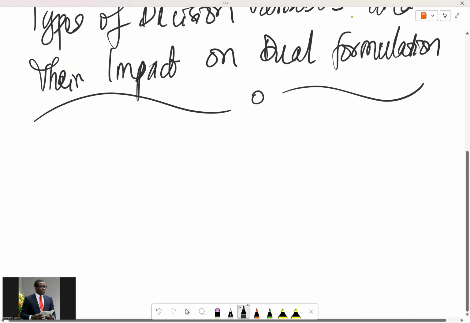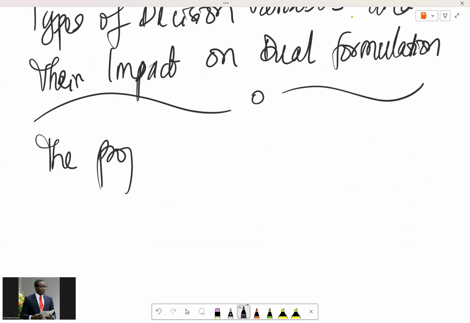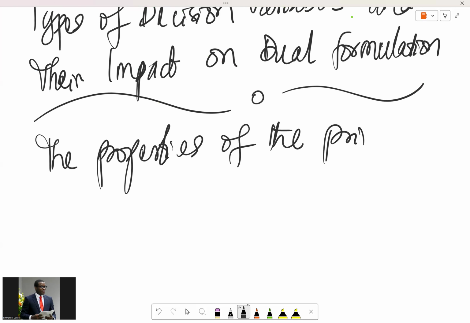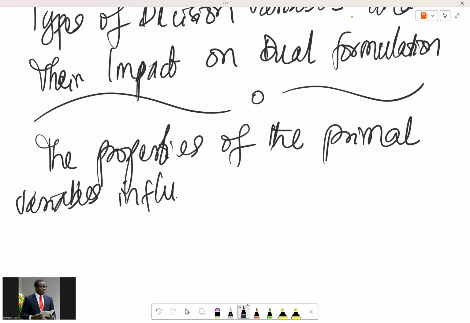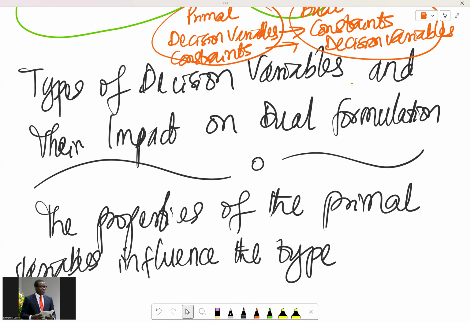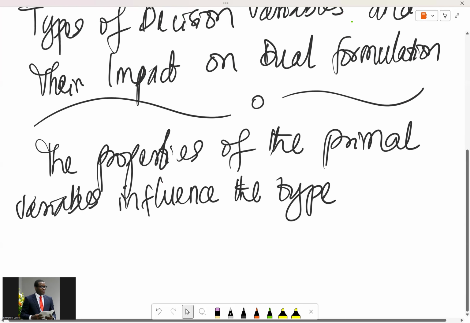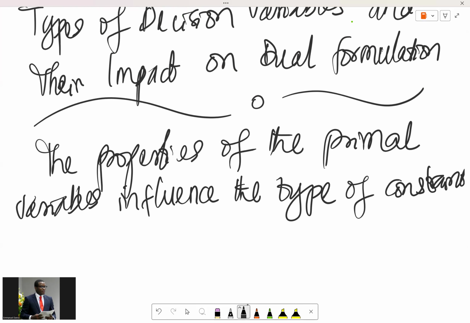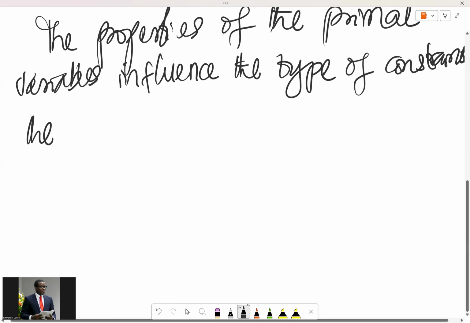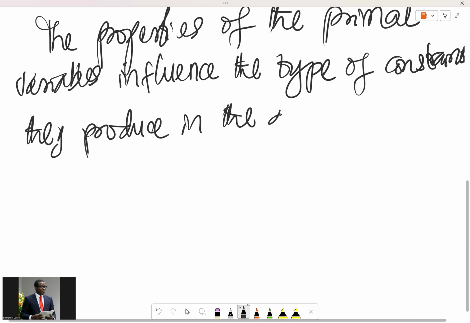The properties of the primal variables influence the type of constraints they produce in the dual problem.